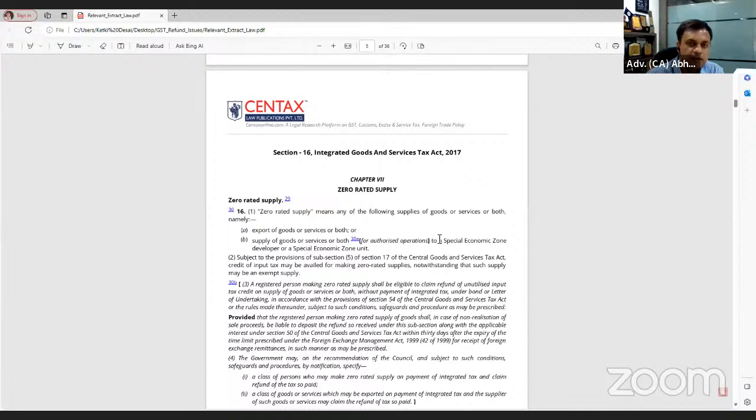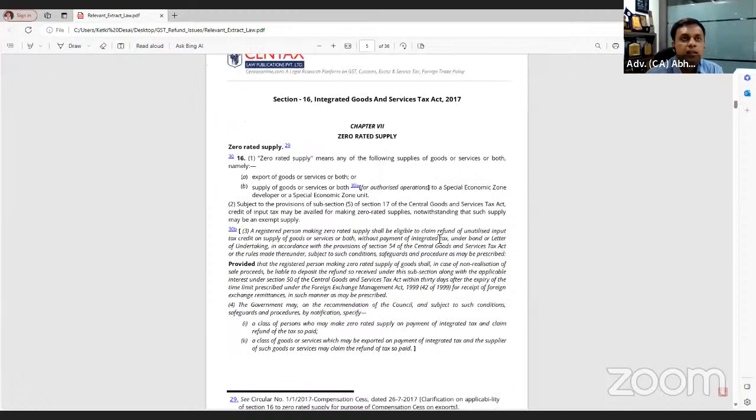Barring 17.5, no other restrictions under section 17 would be applicable. Thereby, in a way, all the taxes that you have paid on your inward supplies which are used for making the zero rated supplies, the credit of all of those taxes would be available without any other barrier or restrictions. Then we have subsections 3 and 4. These are amended provisions.